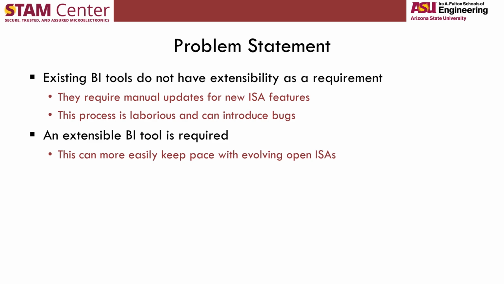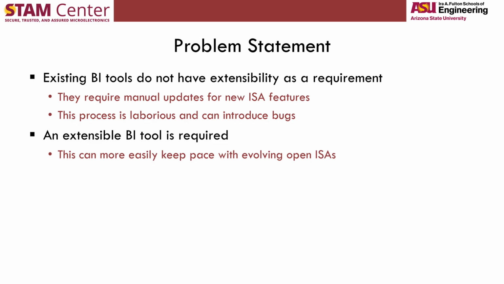And what that means is that if the underlying ISA releases a new feature, then developers would have to go into the tool's code base and manually make changes to support the new ISA feature. And so this can be a very laborious and intensive process, and it can also introduce bugs that would end up tainting the correctness of the instrumentation process.